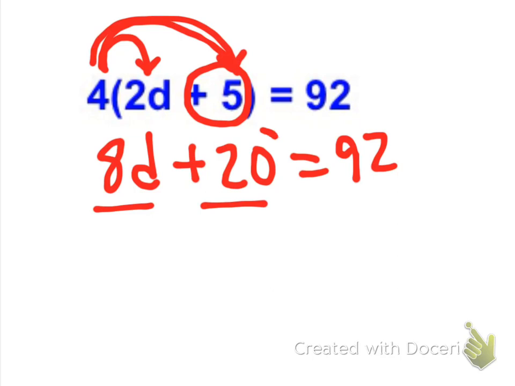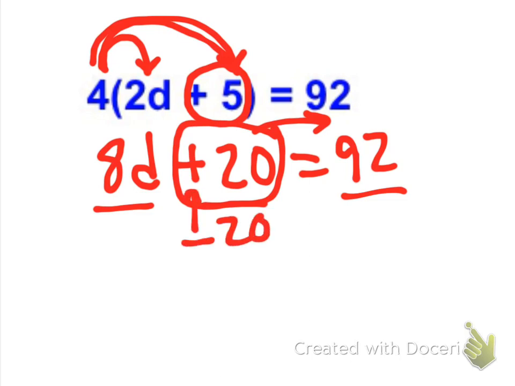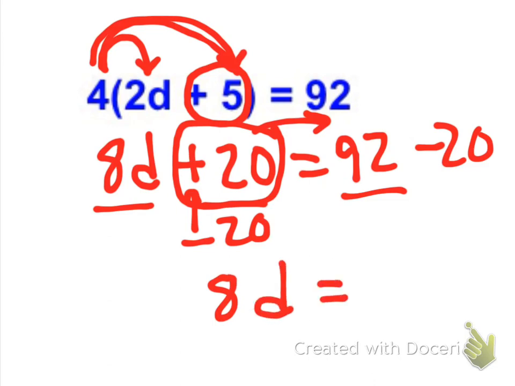So this guy right here, we want to get over here, because it's a constant. It wants to hang out with this other constant here. Ready? So this is add 20. So I would subtract 20. Subtract 20. And now we have, that leaves us with 8d is equal to 92 minus 20 is 72.